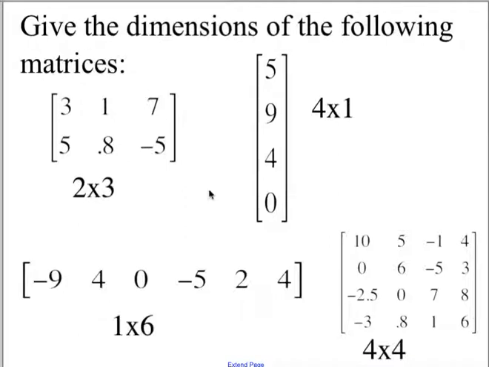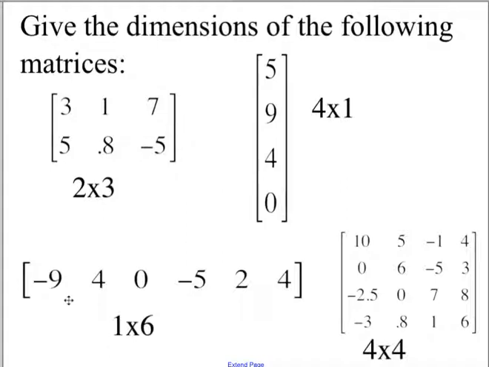The next one has 5, 9, 4, and 0. There are 4 rows, that's how many numbers are going down, and 1 column, so that's a 4 by 1. The next one has -9, 4, 0, -5, 2, 4, and this is a 1 by 6 because there's only 1 row, but there are 6 columns. Even though there's only 1 number in each column, it's still considered a column.